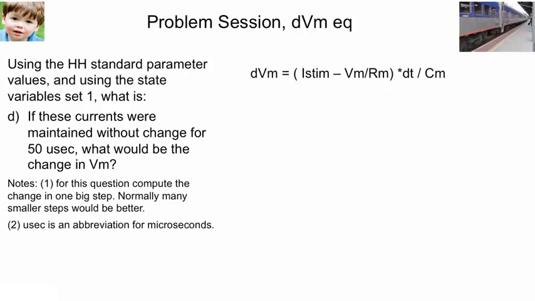If it was a computer calculation, which is what people usually have nowadays, you would use a much smaller step, maybe 5 microseconds, maybe 1 microsecond. Here, 50 microseconds is near the outer limit for hand calculations.